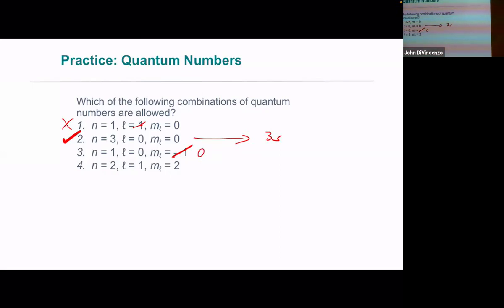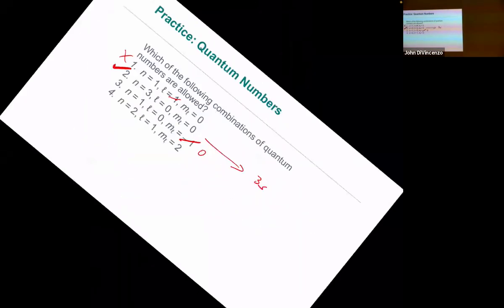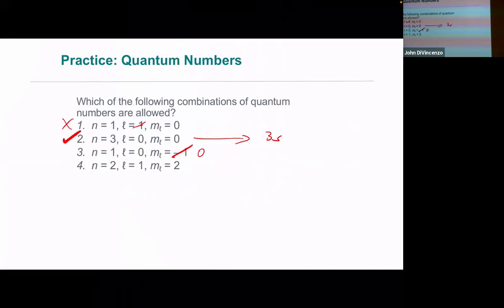You had a question in the chat. It was a good question. How would you name it if it was n 3, L 2, ML minus 1?